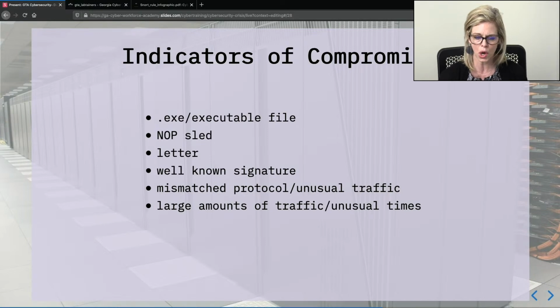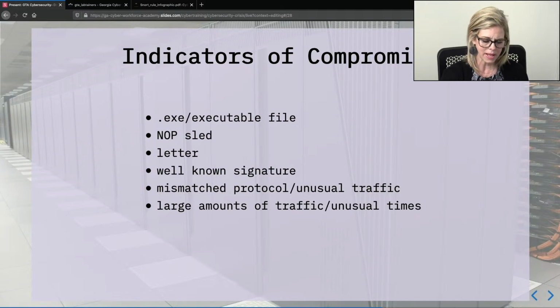So you would know that DNS is 53, DHCP is 57. So if you saw, say for instance, traffic that was crafted as a DNS request destined to port 80, that is an indicator of compromise. Okay, that's something that you definitely want to drill into and investigate.